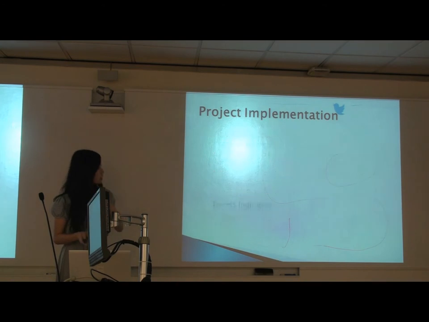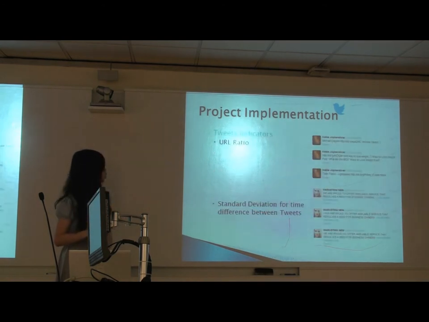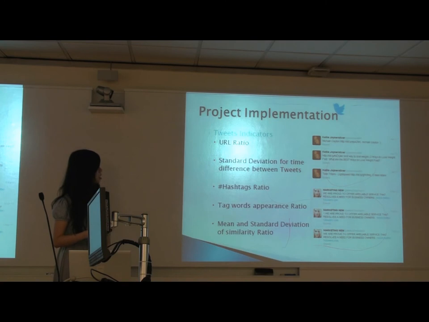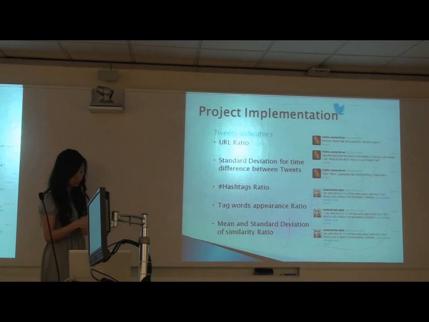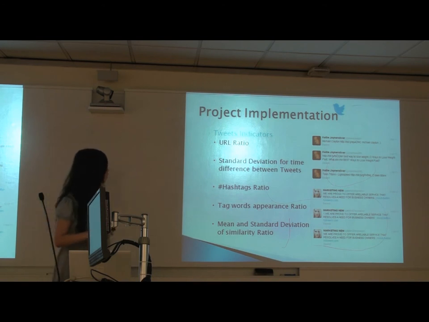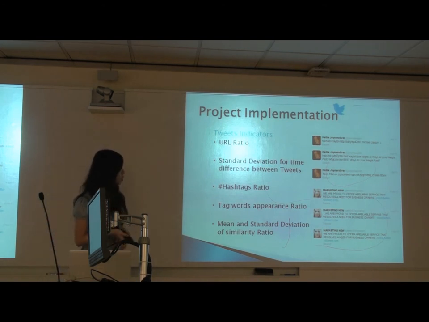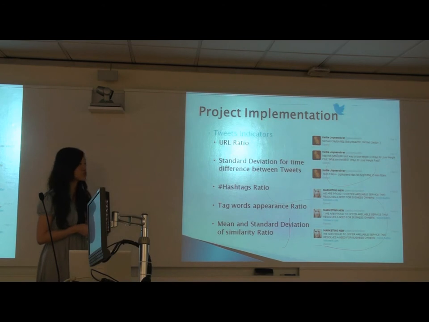I'll explain another category called tweets indicators. As I've mentioned, I'll also analyze tweets to increase the reliability of the indicators. The indicators include these, and I'll explain some of them. For example, URL ratio. Based on the structure of Twitter, many spam messages contain URLs.